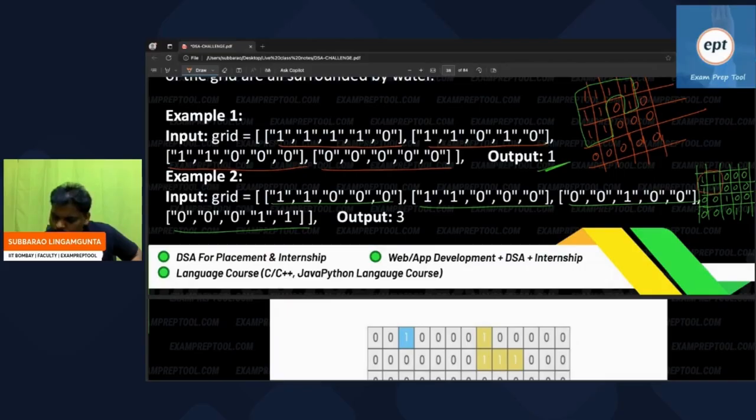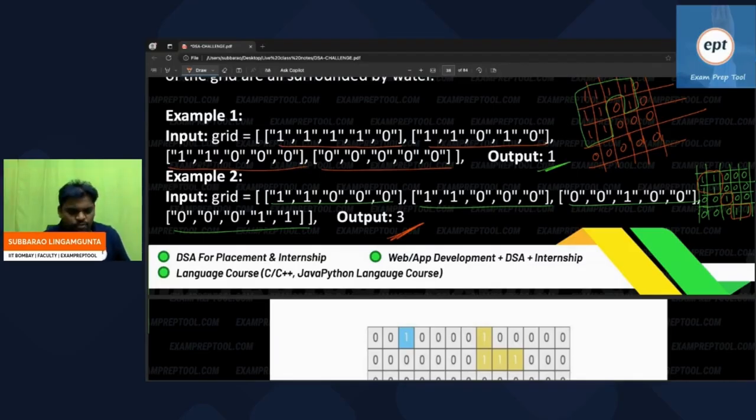This is one. So this is one. If anyone has any doubt, 3. Fine, so I think 3 islands.